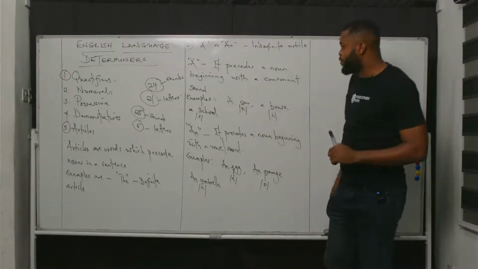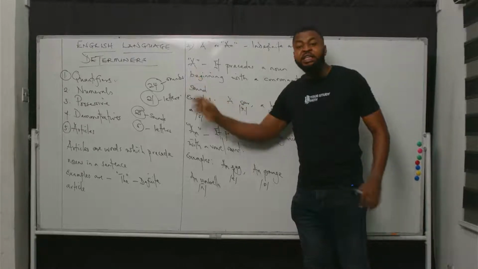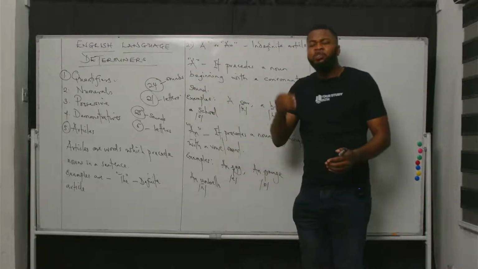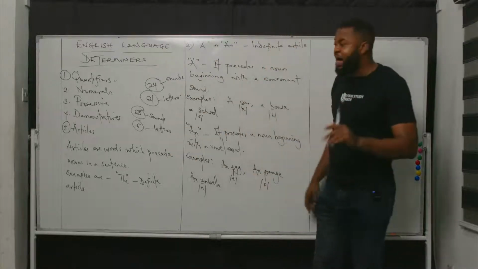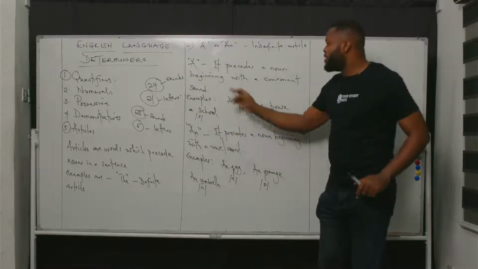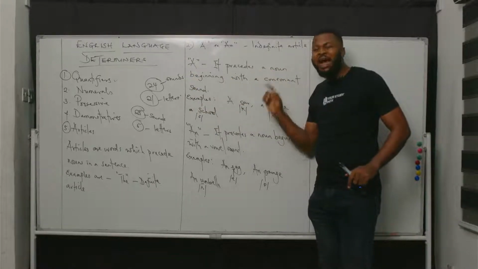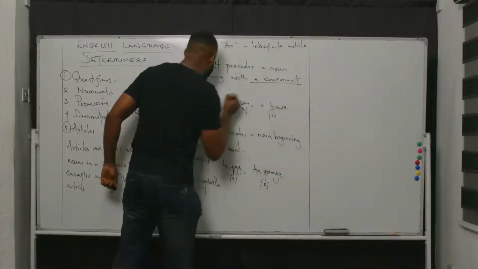For example, the first one is, how do we use the indefinite article A in a sentence, and how do we use it to answer questions too? Please bear in mind that anytime you have the indefinite article A, it must precede a noun, and that noun must begin with what? Pay attention, a consonant sound.